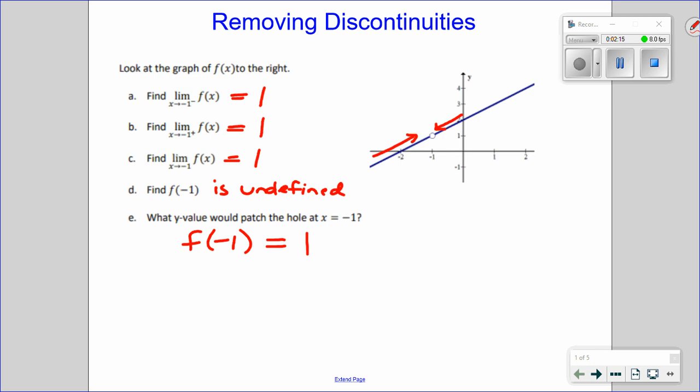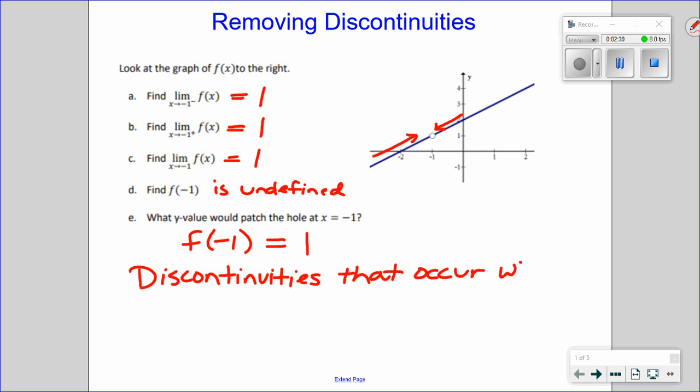So removing a discontinuity, you can think of it as patching the hole. But you can only patch a hole for discontinuities that occur where a limit exists.